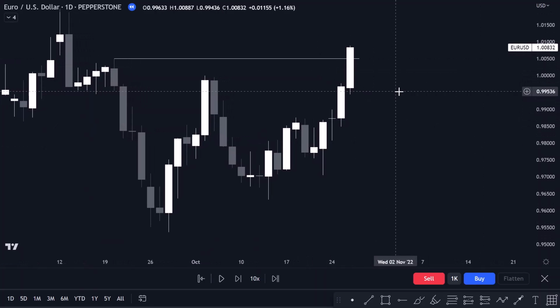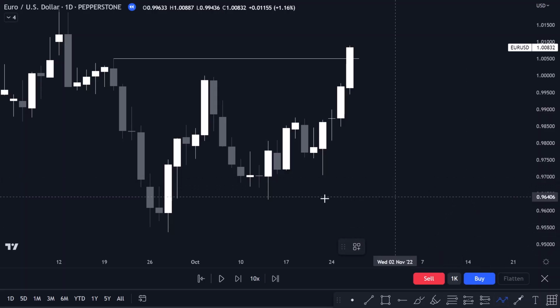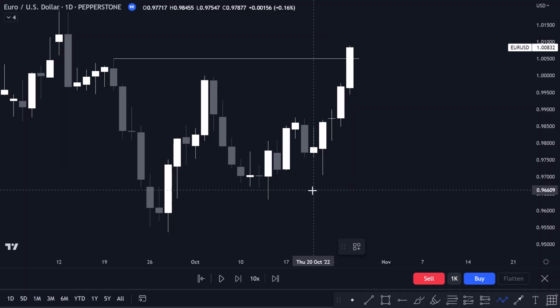So basically, what we see, we do have the sweep here. Even in the 4 hours, it's the same. There's a sweep. So now what we can do is give the path, start from, let's say, this level. Then we start from the bottom or the low of the candle and take the path to the high of the candle.